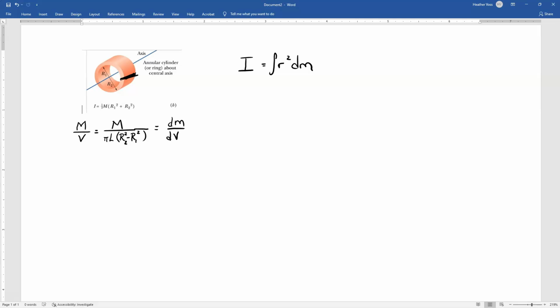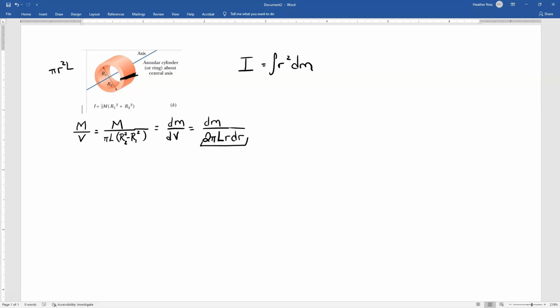Well, we're dealing with a ring, so this is going to be equal to infinitesimal mass. We're going to have 2 pi L radius with respect to r. So for a cylinder, we're looking at pi r squared times the length. When I take the derivative of that, this is what comes out.